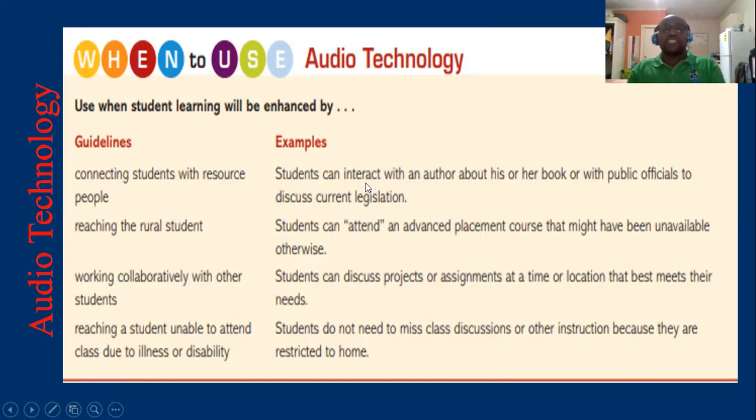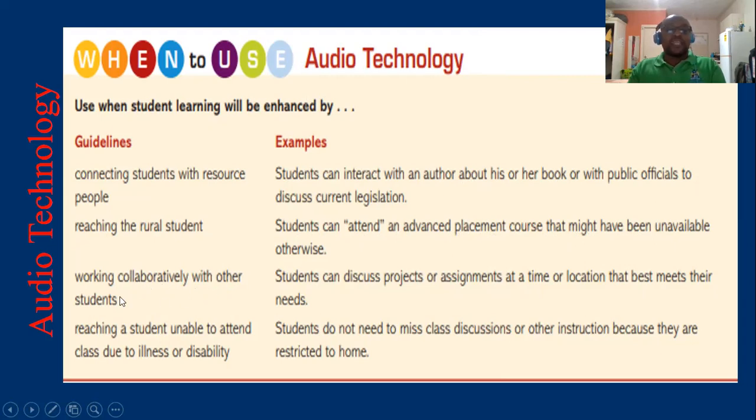For example, students can interact with an author about his or her book, or with public officials to discuss current registration. When you use it to reach the rural student, the example here is students can attend an advanced placement course that might have been unavailable otherwise.